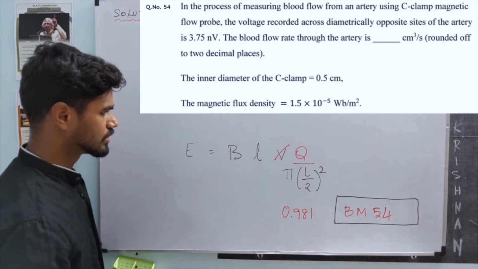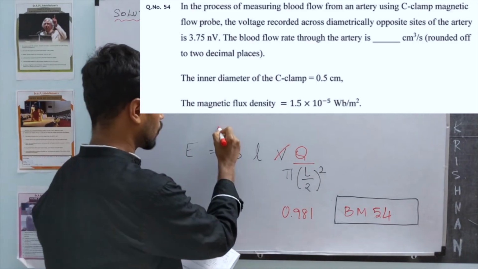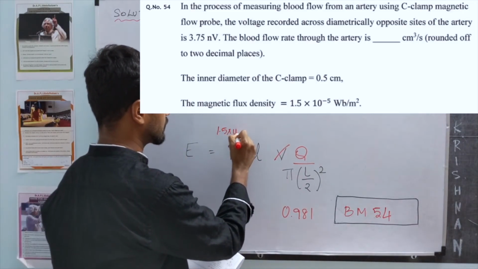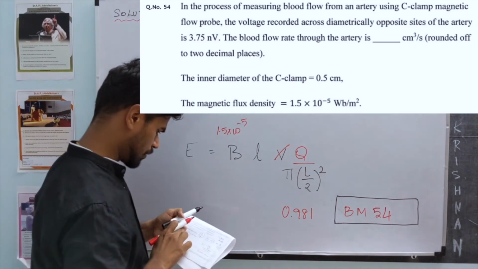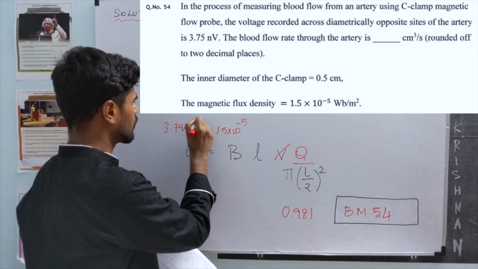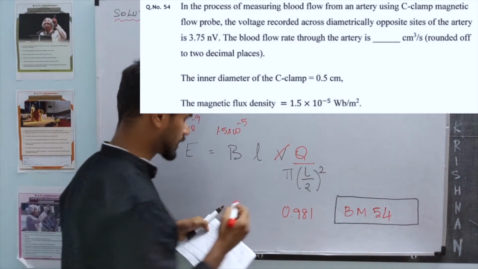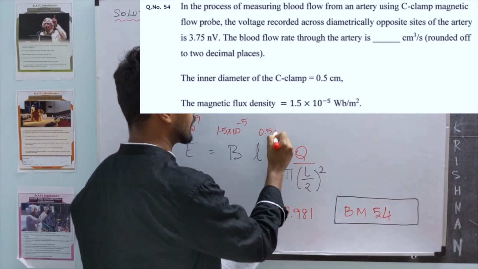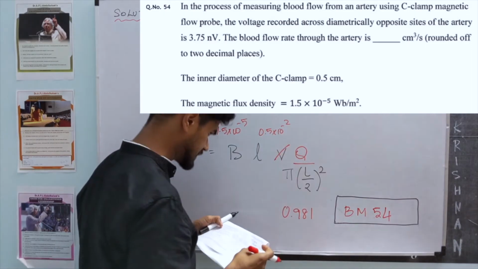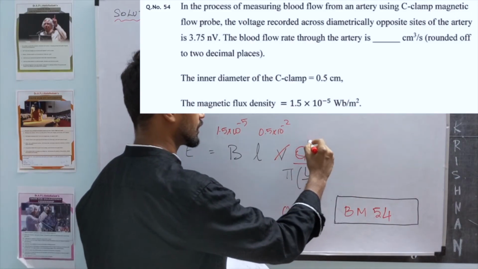Now from this we know B is 1.5 into 10 power minus 5. The potential developed is 3.75 into 10 power minus 9 volt, and L, which is the diameter of the clamp, is 0.5 into 10 power minus 2 meters, and since we know L, we can find what Q was.